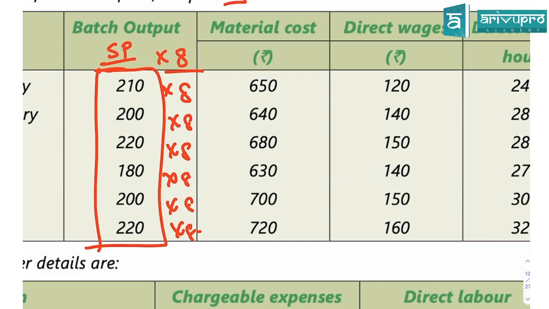Which are the direct expenses? Here itself, if you see the question, which are the direct expenses which I have? I have two expenses, which is basically my material cost and my direct wages.